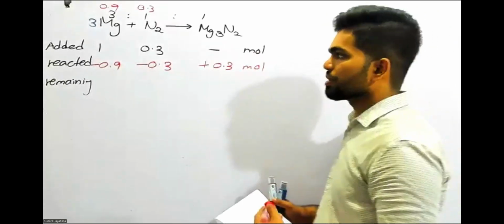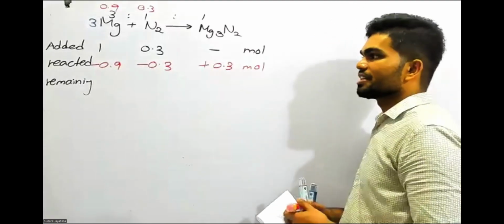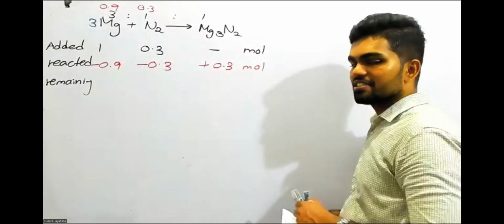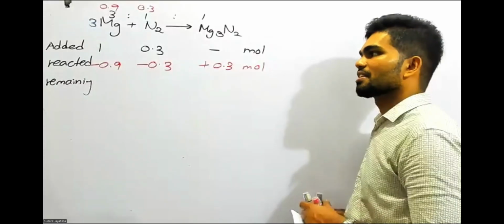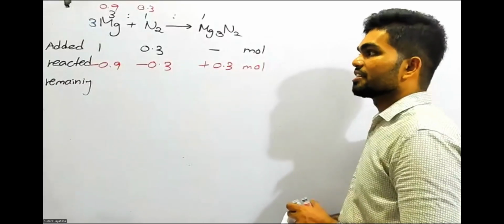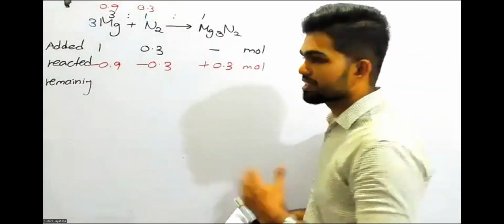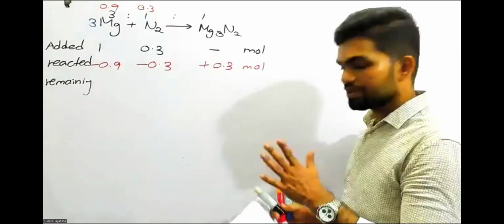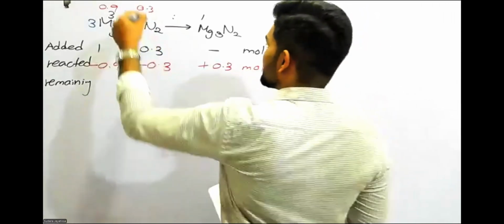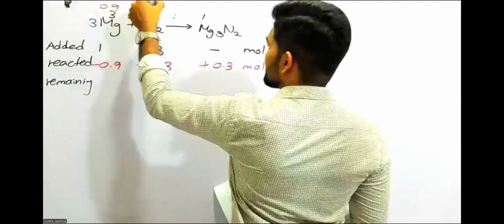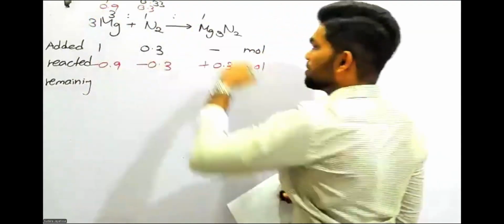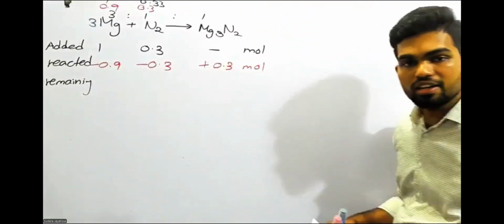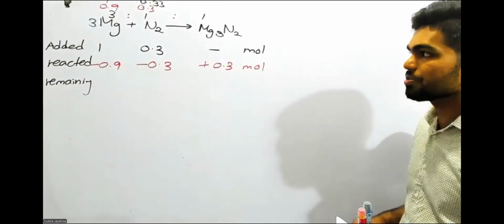Understood? How did I find the limiting reactant? I checked how many moles of each compound are needed to react completely with each other. If you want to react magnesium fully, you need 1/3 of that amount from N2. So you need 0.33 moles of N2 to react with the whole 1 mole of magnesium. But we don't have 0.33, no?